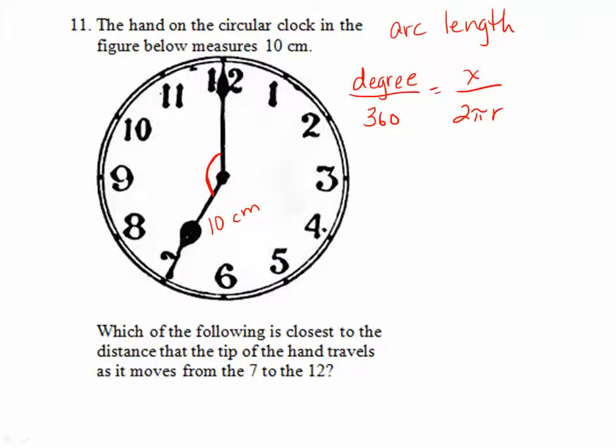Well, I know the whole circle is 360 degrees, and this has 1, 2, 3, 4, 5, 6 sections in this half. So if I divide the 360 by 2, half of the circle is 180, and there's 6 parts to that. So 180 divided by 6 is 30. So each one of these little divisions is 30 degrees.